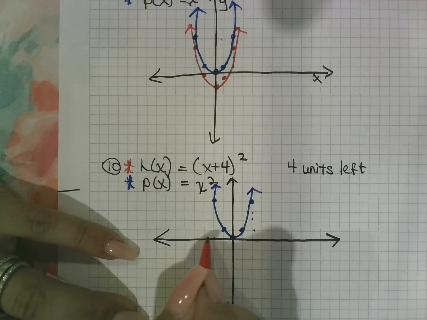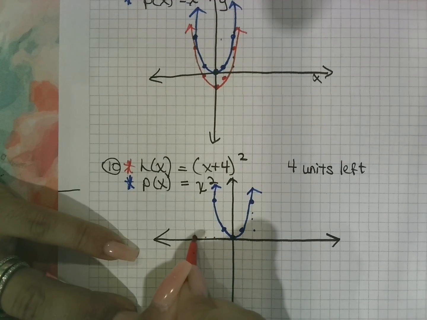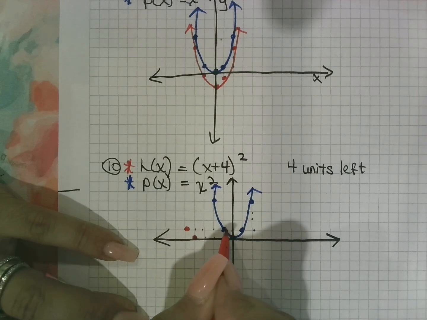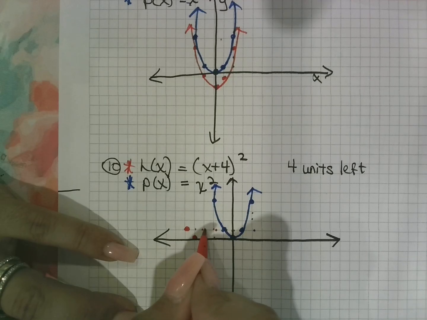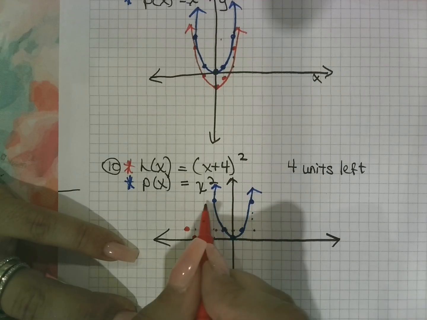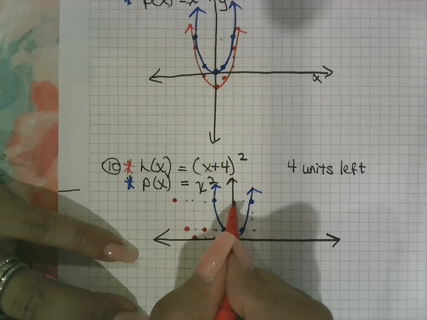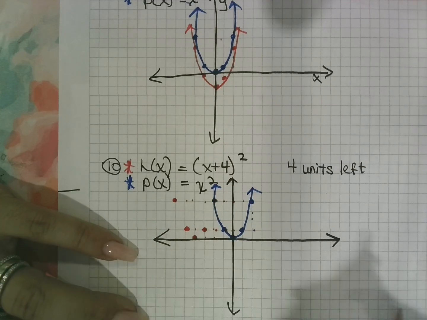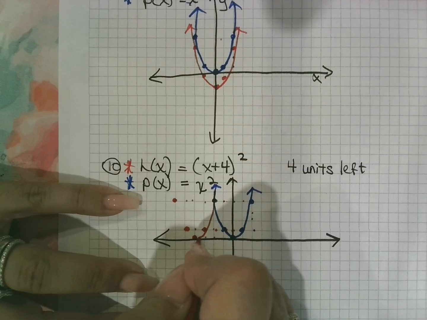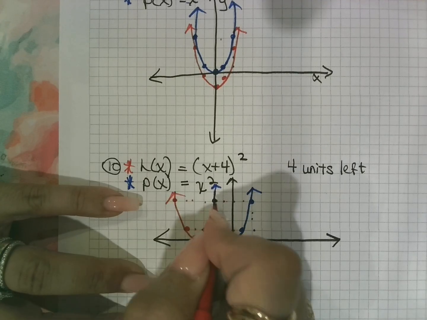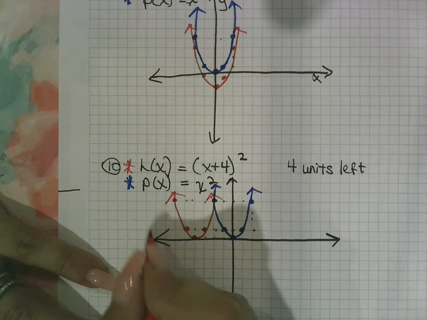So 1, 2, 3, 4. 1, 2, 3, 4. 1, 2, 3, 4. And that's that.